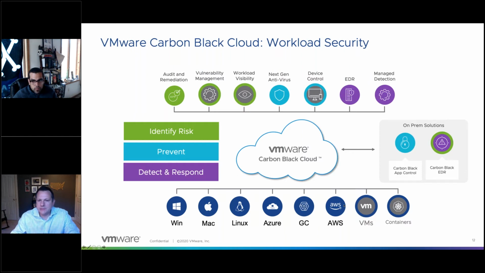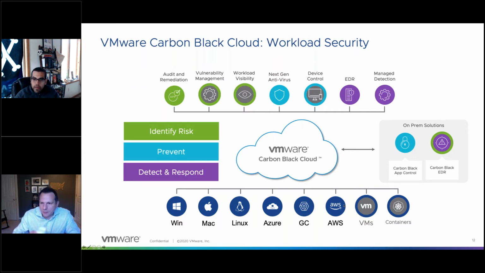And in addition, expanded that out on the bottom to include virtual machine environments, so VMware environments, where it's actually built right into vCenter, as well as core security for container environments, things that are running on top of Kubernetes, where you can actually deliver security for modern applications.